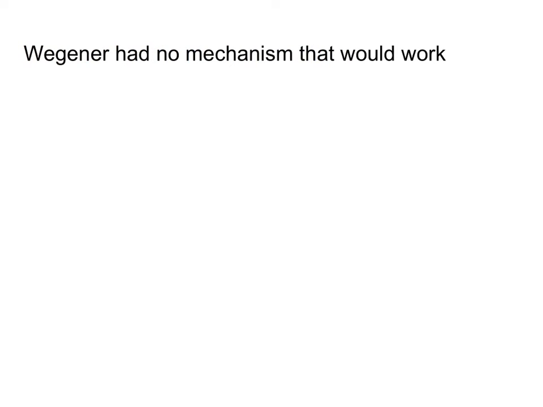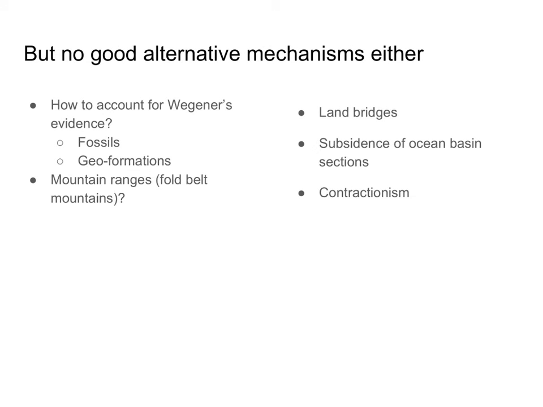Okay, so, no mechanism. I just want to make the point, though, that the geologists of the time didn't have really good alternative mechanisms either to explain what's going on. So how could they account for Wegener's evidence? We've talked about the issues with the land bridges, which were a big proposal to solve some of that.